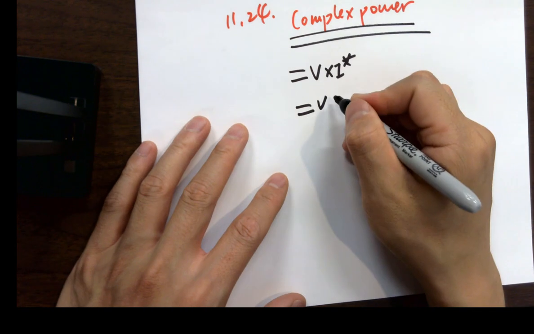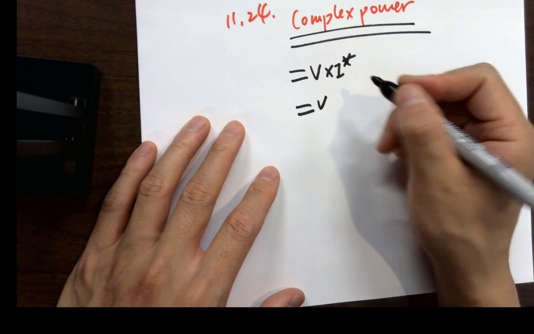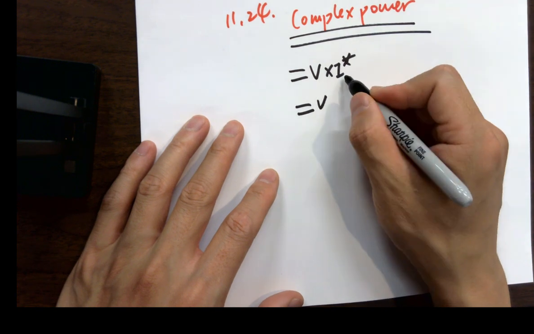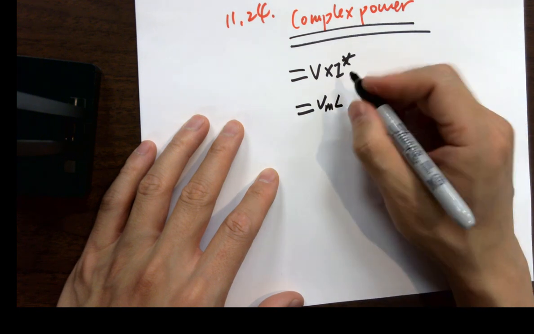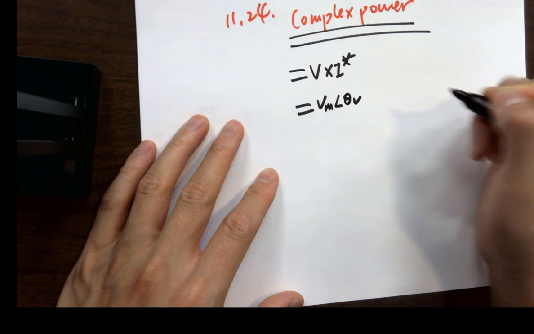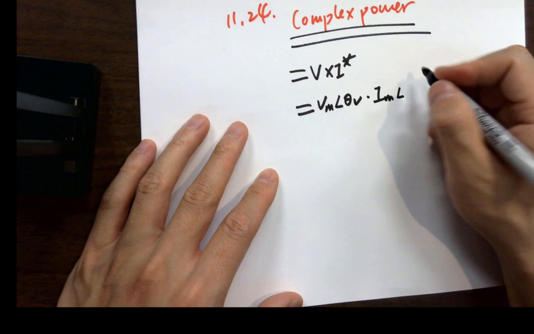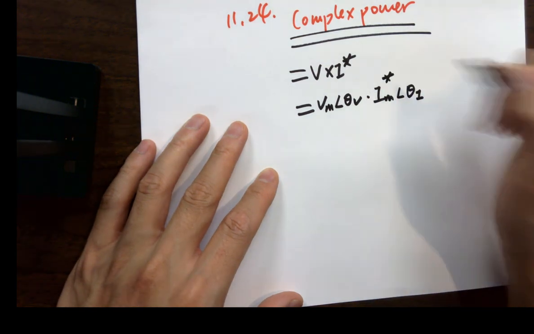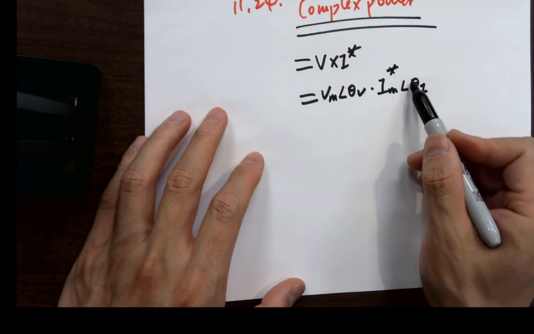Let me just write it down for you. See how I can. What's the best way to draw it? Let's do this. V times I, because these are all AC, so it's okay to do this, right? VM at phase theta V, times IM at phase theta I, conjugate. So when you are doing a conjugate, it's actually adding a minus sign in front of the phase.